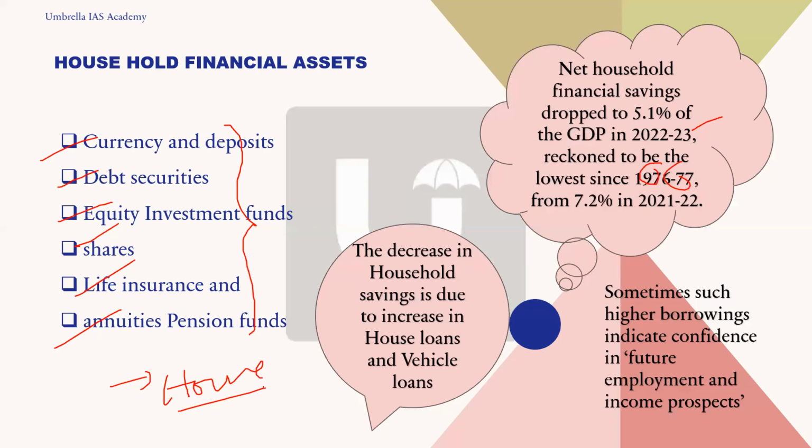Decrease or increase? Definitely, it will decrease. For example, I want to buy a vehicle as well. If I buy a vehicle, what will happen to my savings? Mostly, I'll buy it from deposits or currency. Again, it will decrease.